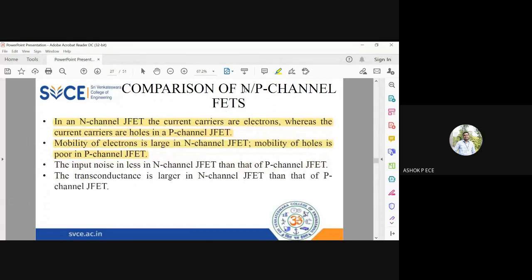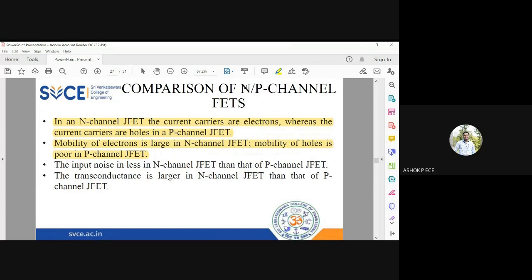You know, JFET is a unipolar device, so you have current conduction due to purely majority carriers. The majority carriers can be holes or electrons. In N-type, the majority carriers are going to be electrons. In P-type, the majority carriers are going to be holes.